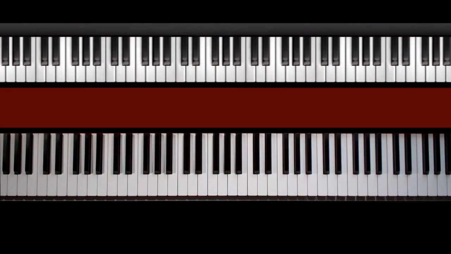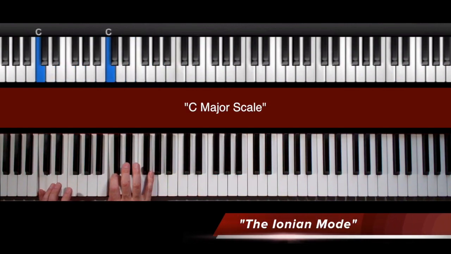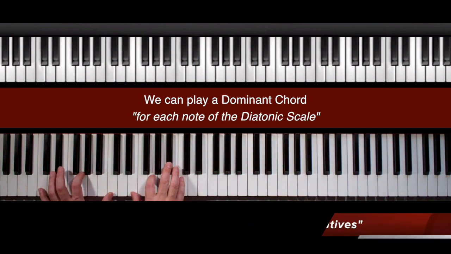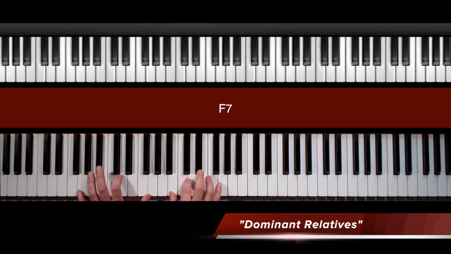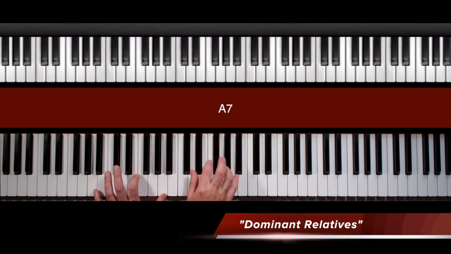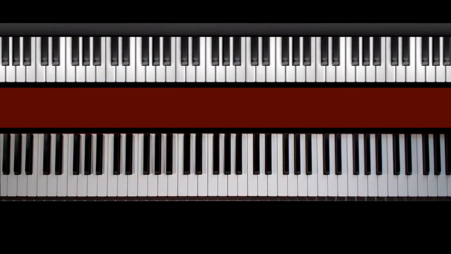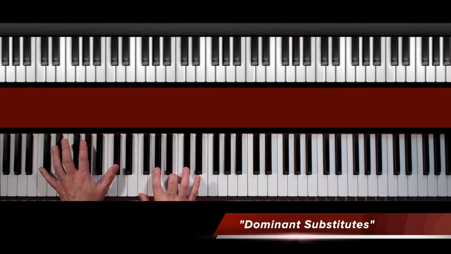Let's say we're on the scale of C major. We can play a dominant chord for each note of the diatonic scale. And we can play dominant chords for all of the 5 chromatic black notes as well.